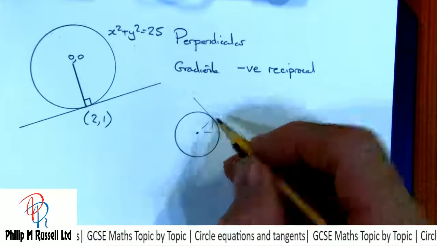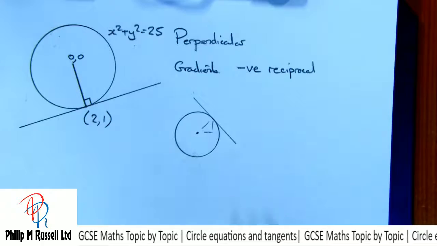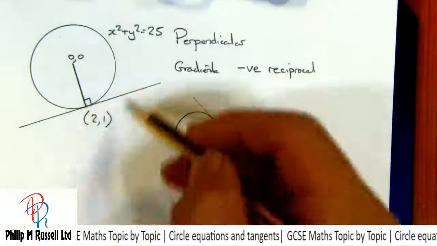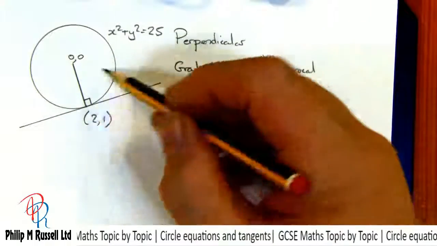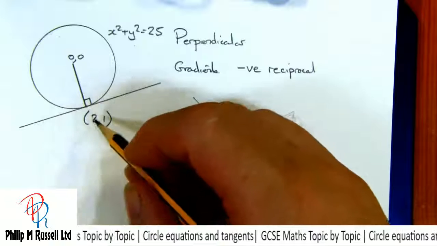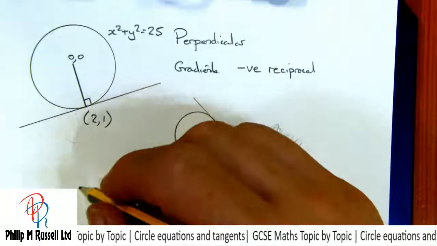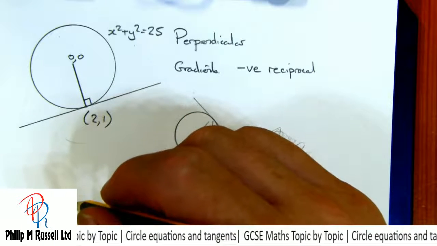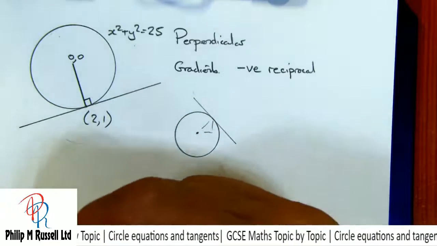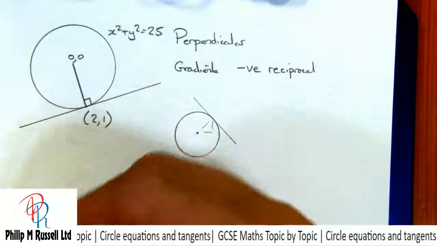But I don't know, I've just drawn a circle. It doesn't matter, because here it's giving us an idea about what it's doing, and what we want to do is try and work out something about these two.